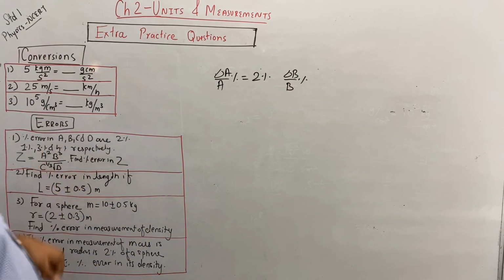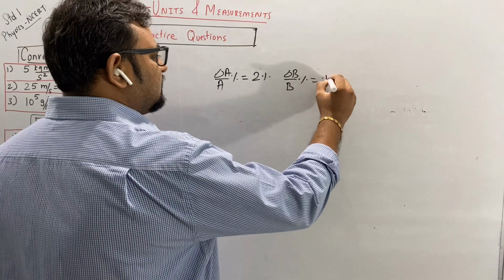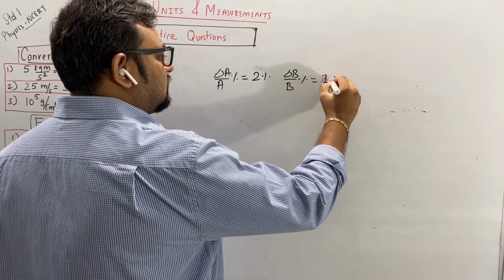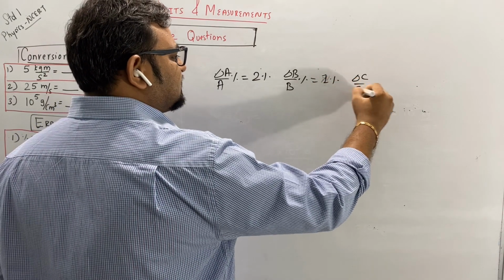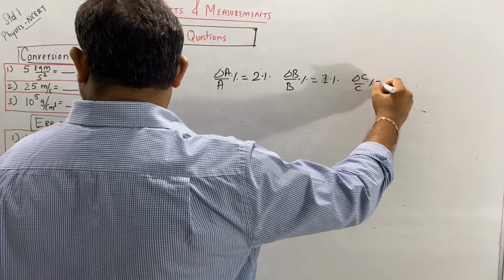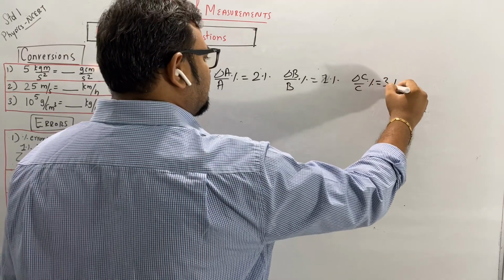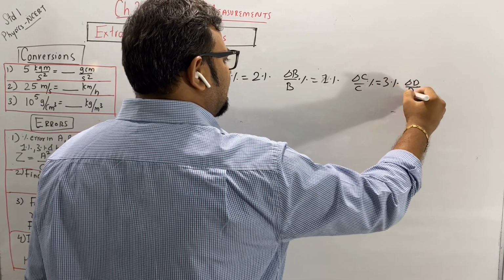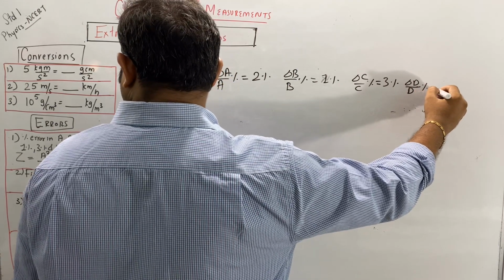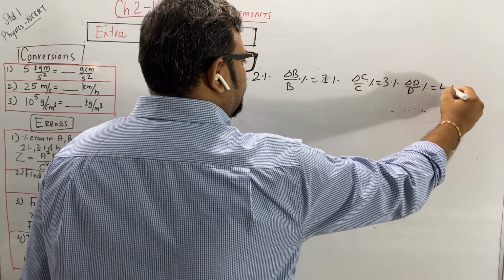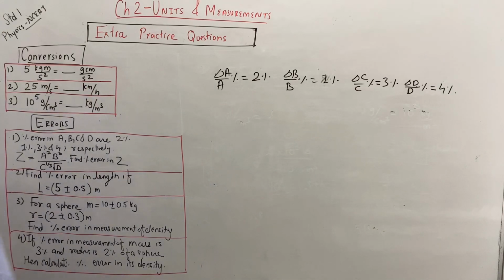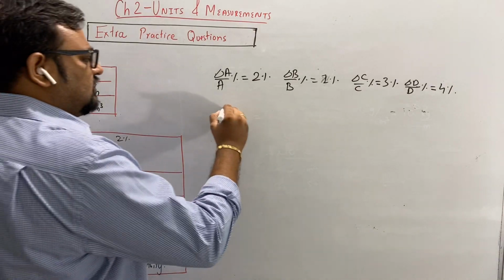Delta B by B percentage is equal to 1%. Delta C by C percentage is equal to 3%. And delta D by D in terms of percentage is equal to 4%. Okay, so now what is the formula given?